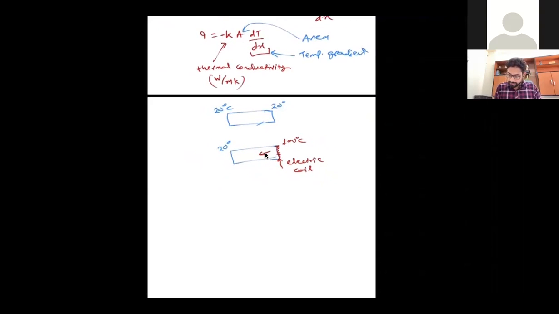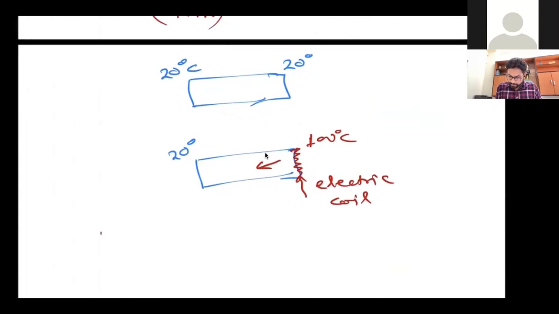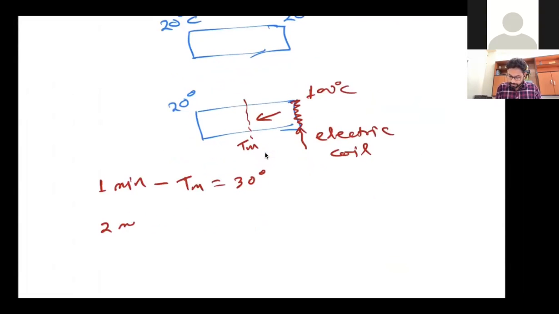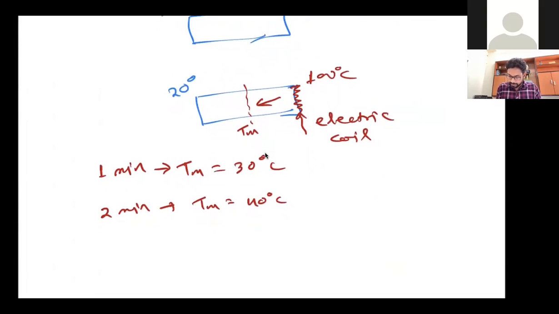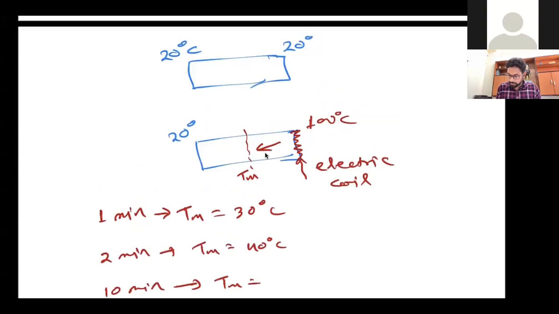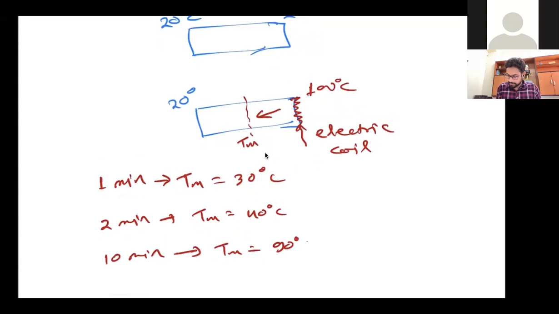After, let's say, 1 minute, if we call this T mean, Tm, Tm could be maybe 30 degrees Celsius. After 2 minutes, it could be 40 degrees Celsius, right? After 10 minutes, it could be maybe 90 degrees Celsius.